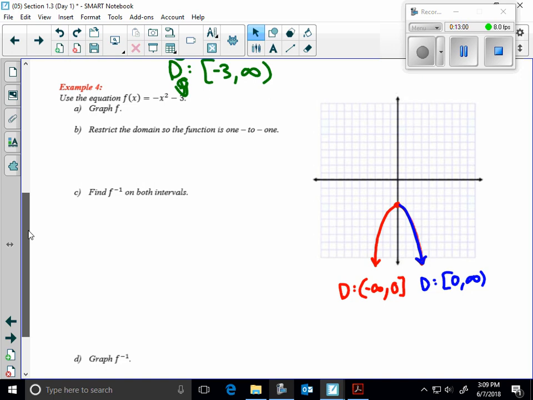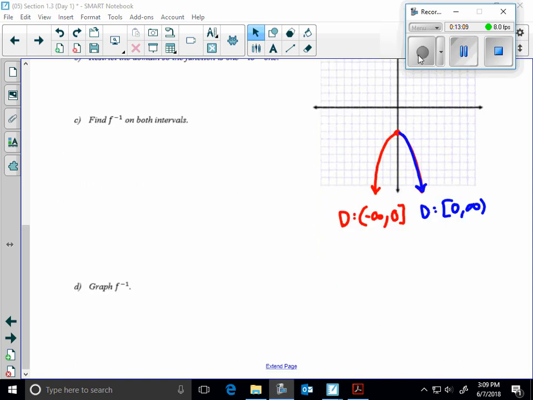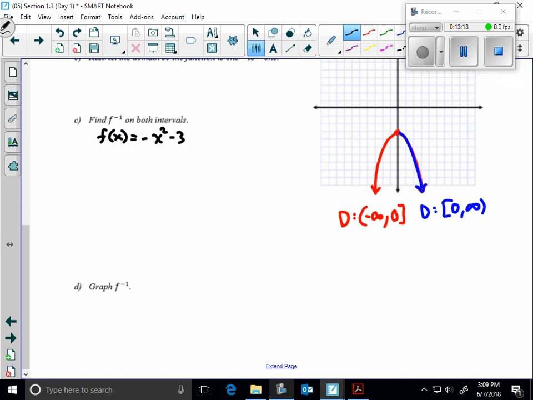Okay, so let's find f inverse on both intervals. All right, so first let's just take our 2 steps here. f of x equals -x squared minus 3. So let's write it in this form. And let's switch x and y.